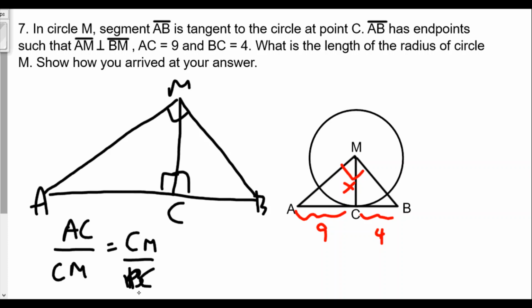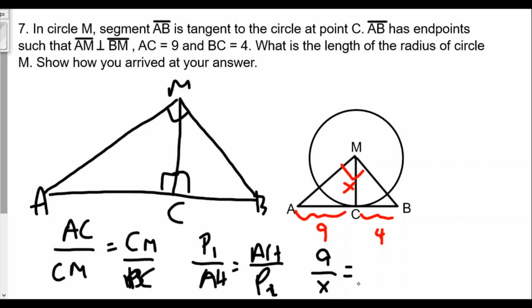If you remember, this is projection 1 over altitude equals altitude over projection 2, where the altitude is the mean proportional between the two projections. So we have 9 over x equals x over 4, and we cross multiply to get x squared equals 36. We take the square root of both sides, and we get x equals 6.